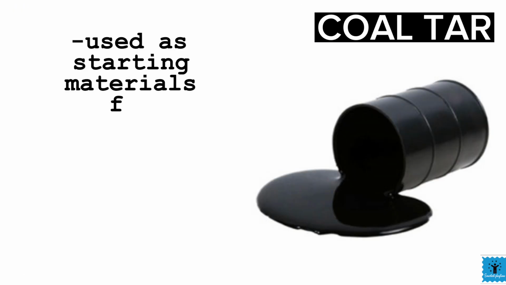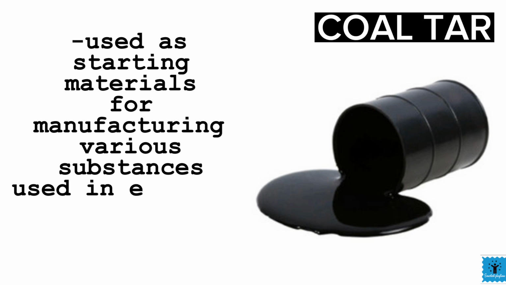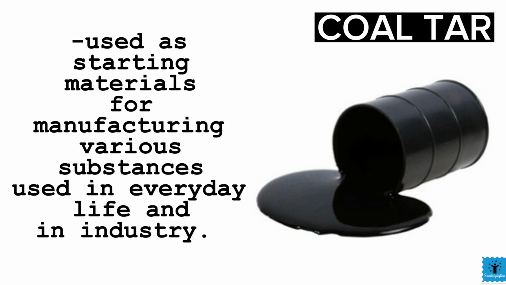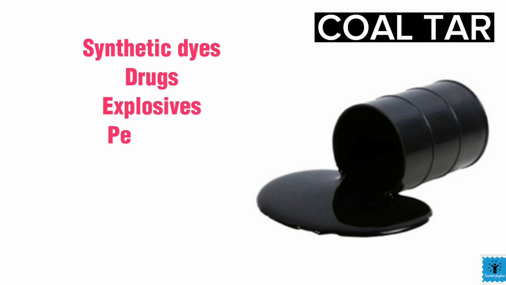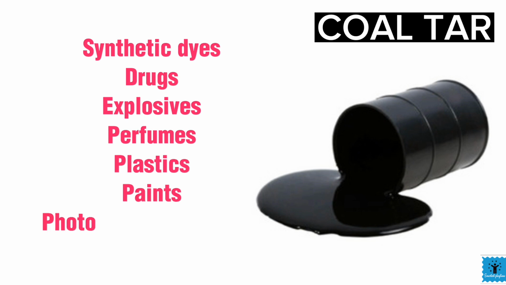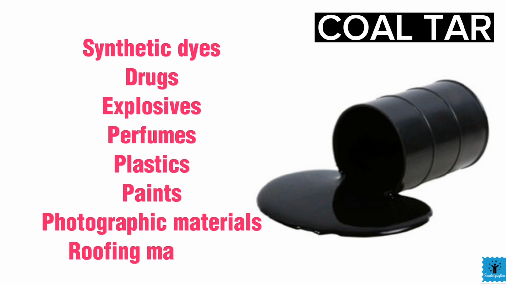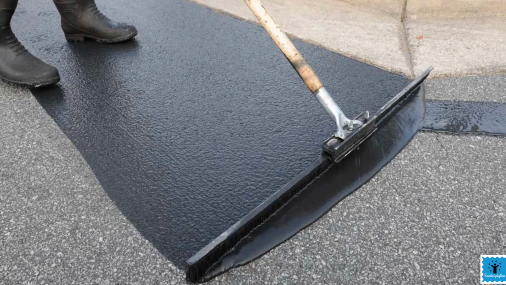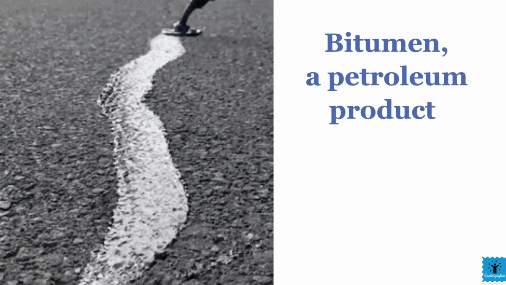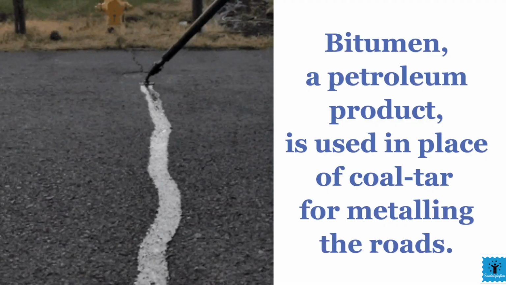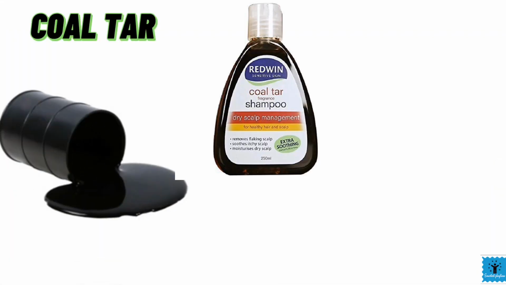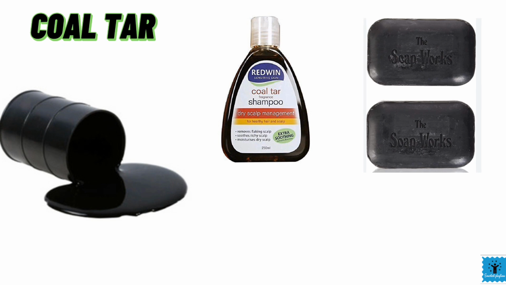Products obtained from coal tar are used as starting materials for manufacturing various substances used in everyday life and also in industry, like synthetic dyes, drugs, explosives, perfumes, plastics, paints, photographic materials, roofing materials, etc. It is also used in the surfacing of roads. But nowadays, bitumen, which is a product of petroleum, is used for metalling the roads. Coal tar is also used in medicated shampoos, soaps and ointments.